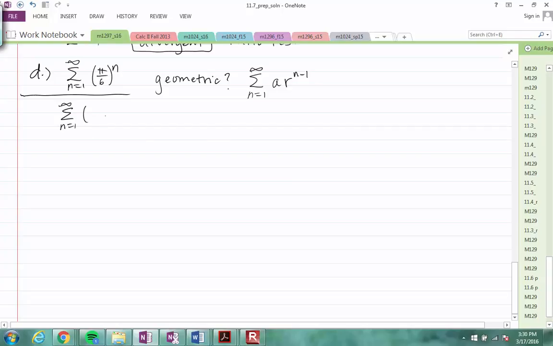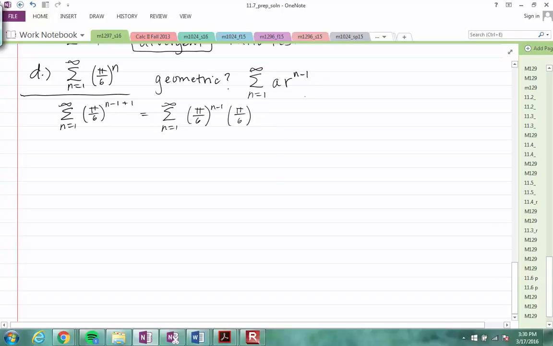So first of all, notice that I can write this (pi over 6) to the n as n minus 1 plus 1, which is kind of silly because that's n, but I'm just showing you that it's legit to write this as (pi over 6) to the n minus 1 times (pi over 6) to the 1, because that's a plus 1 part with our exponent properties.